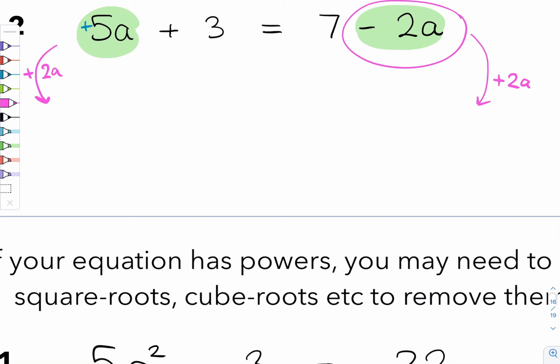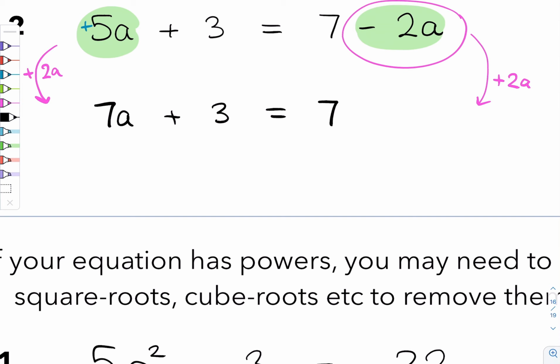So positive 5 apples plus 2 more apples gives me 7 apples, and the 3 has been unchanged. The 7 is unchanged, and this green term here has just cancelled out to 0. So plus 0 is not required because it's just empty space. And now I think that is a lot cleaner because I don't have any more negative terms.